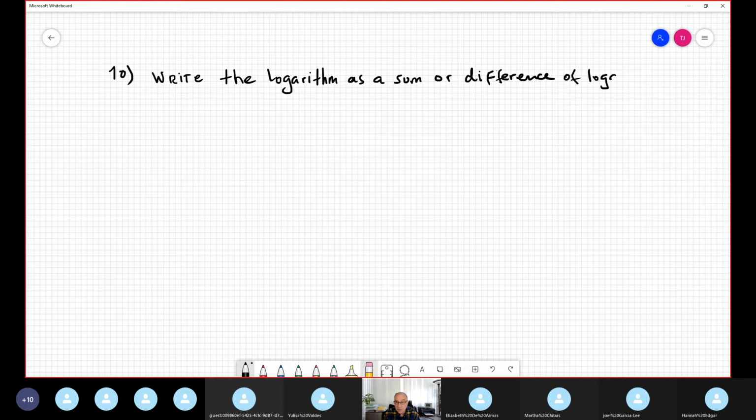So in other words, expanding logarithmic. In this case, several.